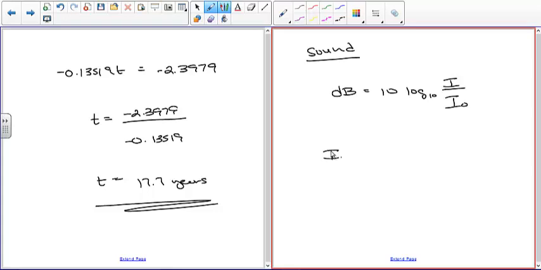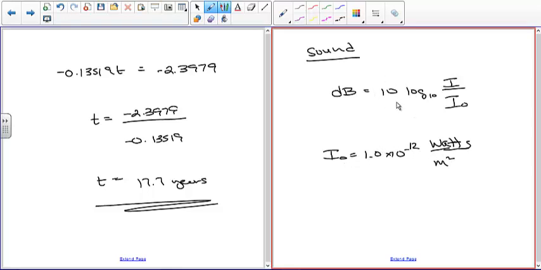So I0 is just a constant, which is 1.0 times 10 to the minus 12th, and it has units of watts per meter squared. So this is energy, watts per unit area, meter squared. So that's I0.